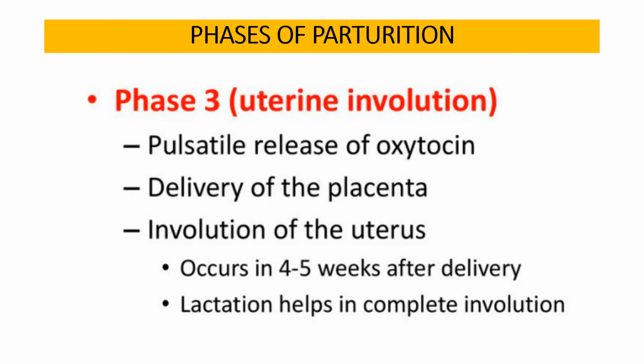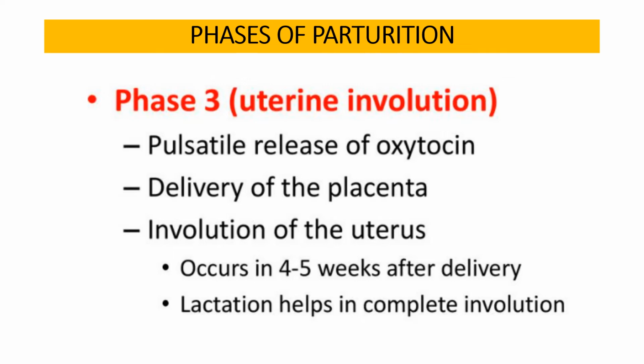In phase 3, the stage of uterine involution, there is pulsatile release of oxytocin, and there is delivery of the placenta, and finally involution of the uterus that takes place in the 4 to 5 weeks post delivery period. Lactation helps in complete involution. What will happen?